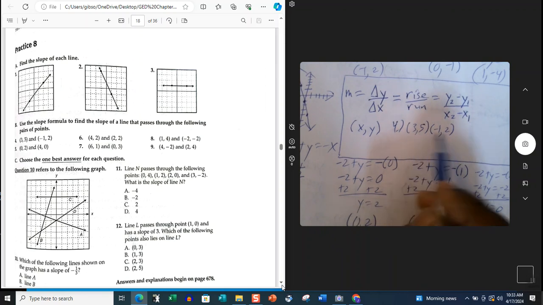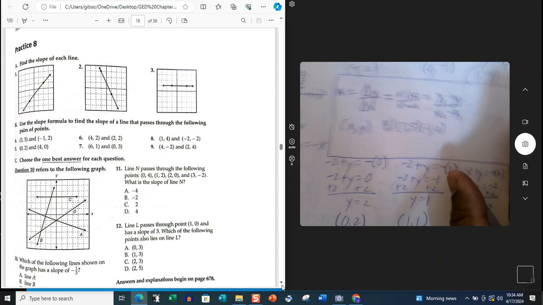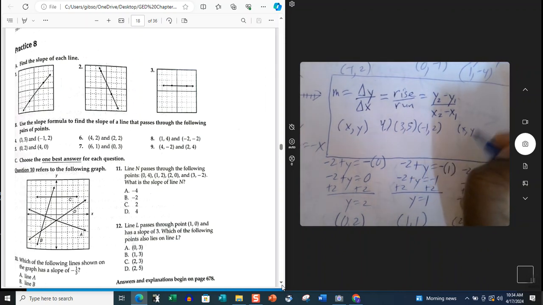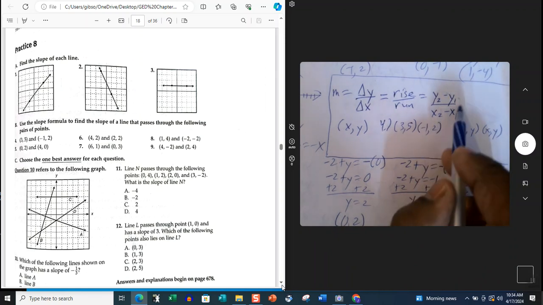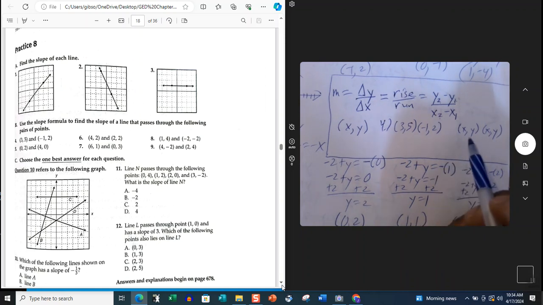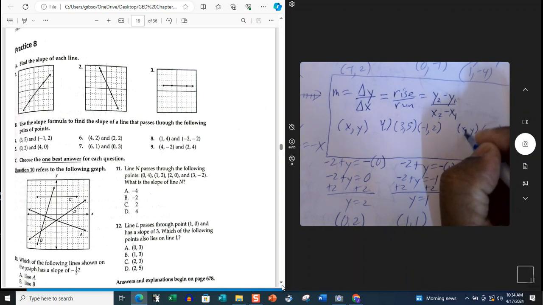Now we notice here, each one of these has an x and a y value. So that is not an issue. The first one has an xy value, and then the second has an xy value. Now, the x sub 1 and y sub 1, x sub 2 and y sub 2 tells you which coordinate to pull it from. The first coordinate is really your x sub 1, y sub 1.